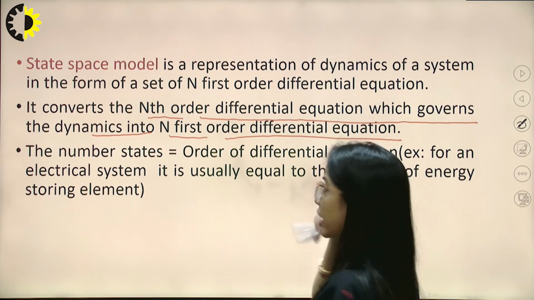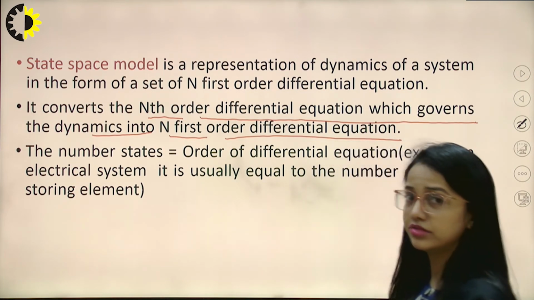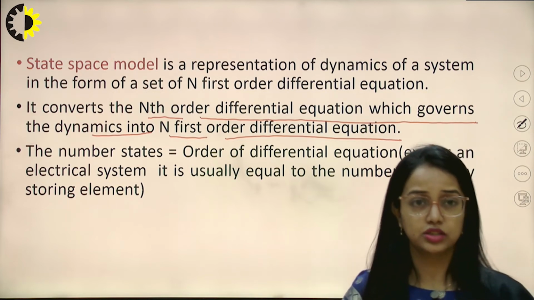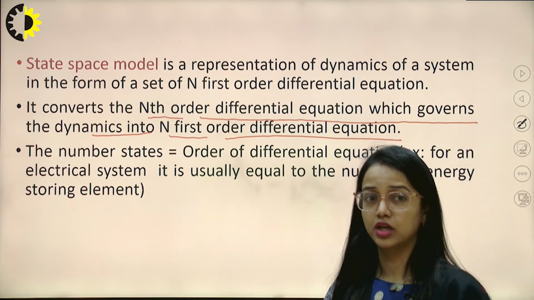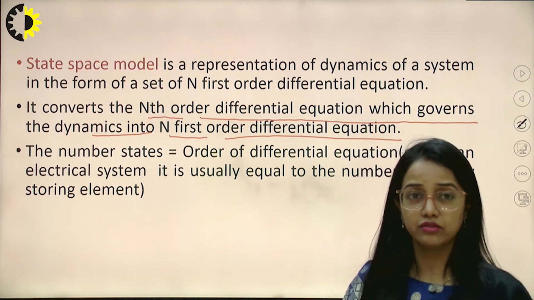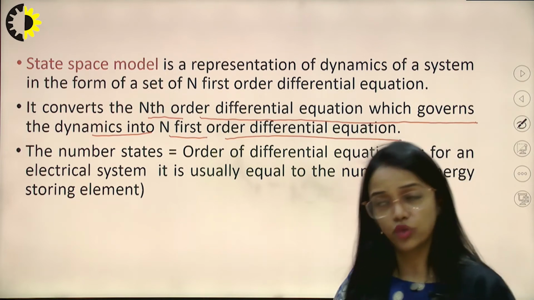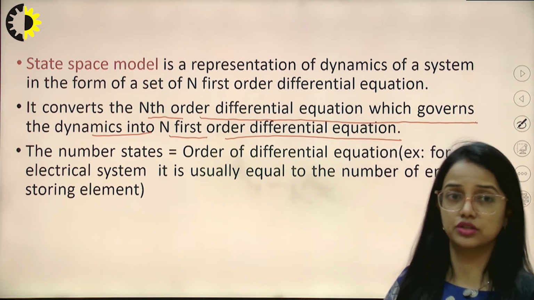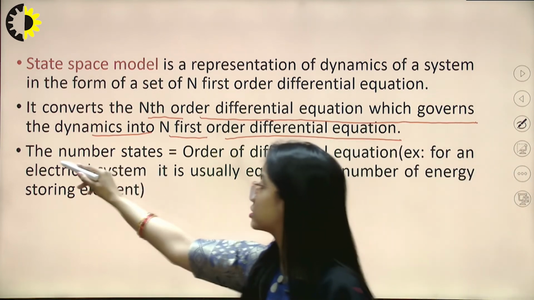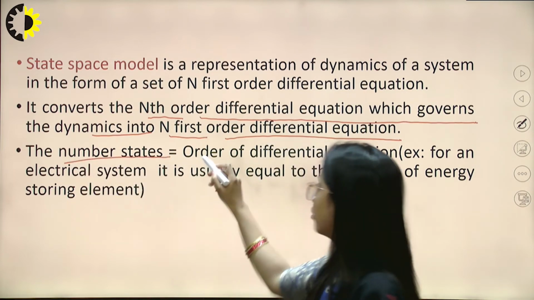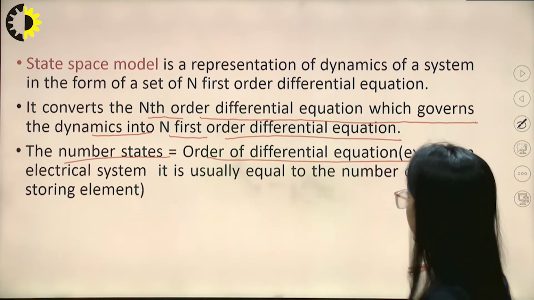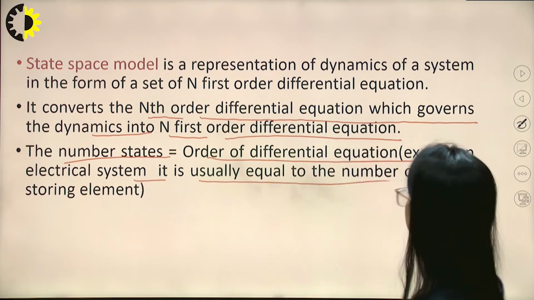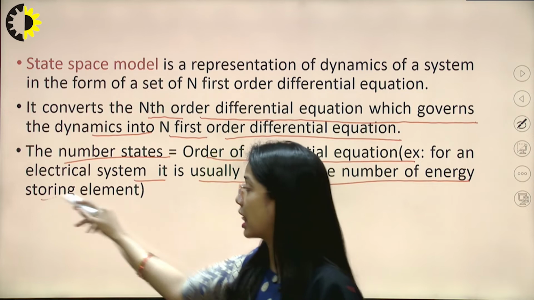Let's say we have a second order differential equation or a third order differential equation, and then these dynamics will have 3 first order differential equations or 2 first order differential equations. So the number of states, how many states we have, will be the order of the differential equation. For example, in an electrical system it is usually equal to the number of energy storing elements.